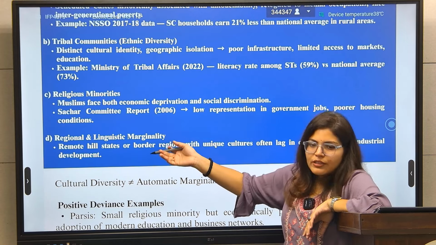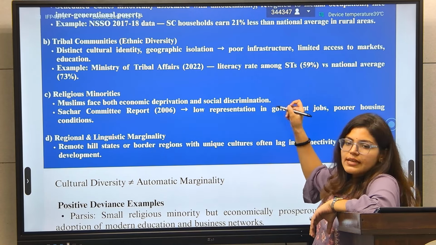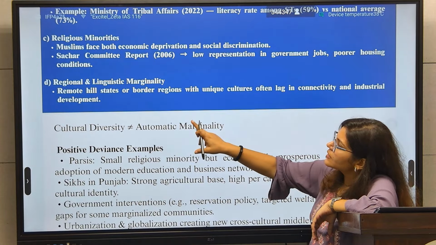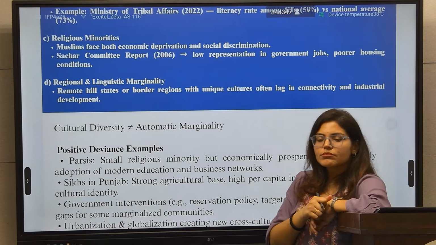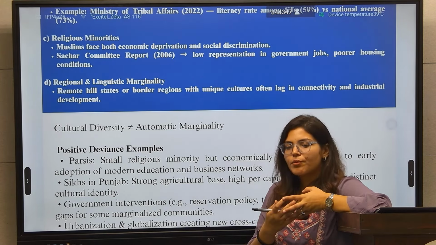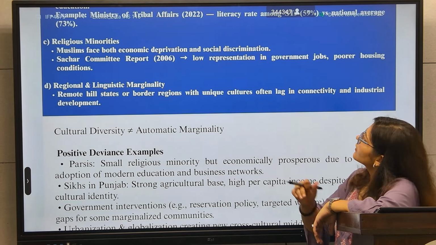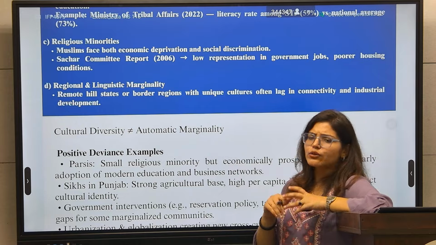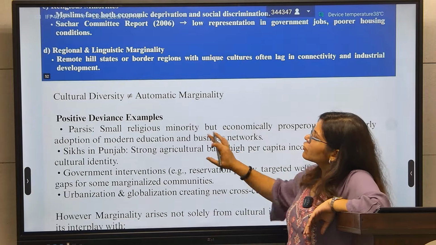Then the religious minority, give the example of the Muslim community and the Sachar Commission report. Then the regional and linguistic marginality, because many languages are not properly represented in our society, and border regions have unique culture and language, but they are lagging in development.